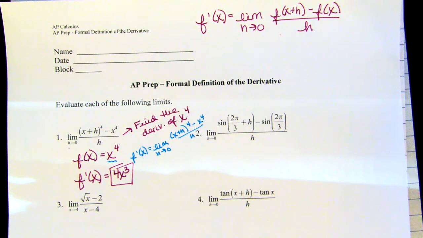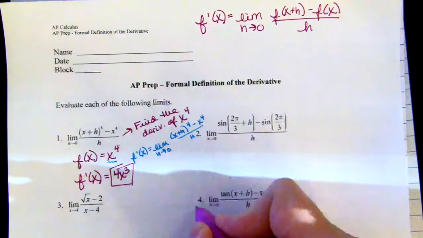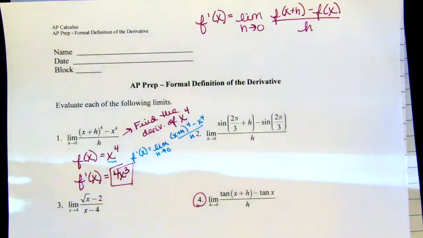We're going to jump around a little bit on this sheet. I think for next year I need to reorder these problems a little bit. I'd like to go down to number 4. I hope you can look at number 4 and realize that this is really just the formula that will find the derivative of what function?